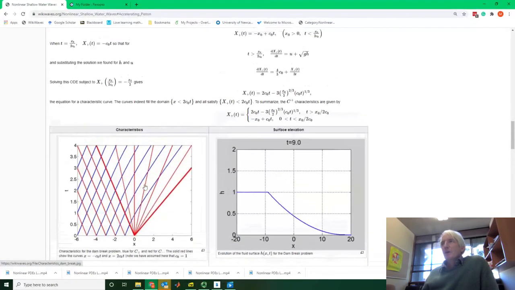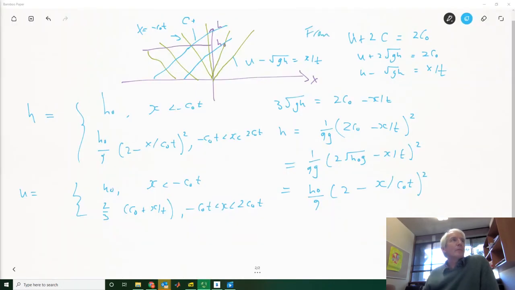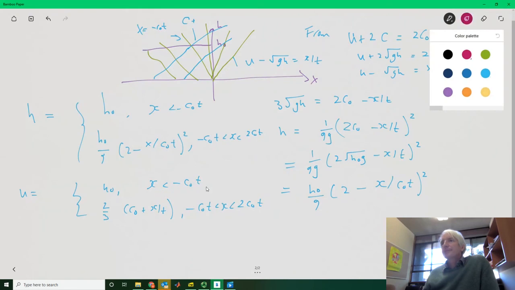Alright, so the last thing to do is to work out what the equations are for this x plus. So I'll just go through this kind of quickly, but we've got the equation here.